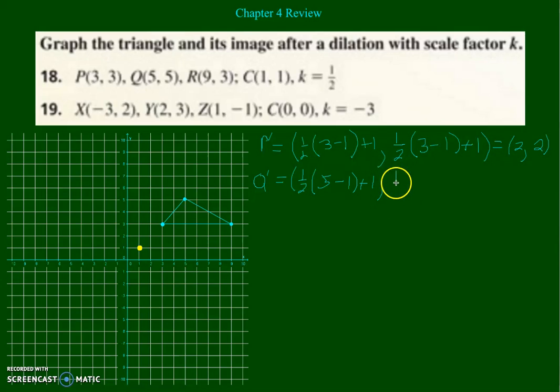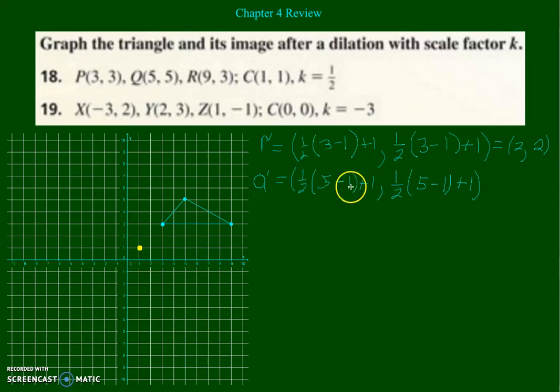Do the same thing with the y-coordinate. 1/2. The y-coordinate of our point is 5, again. And then we subtract off the center point, because the center point is still 1, and add it back.